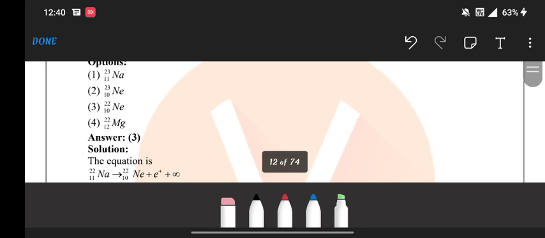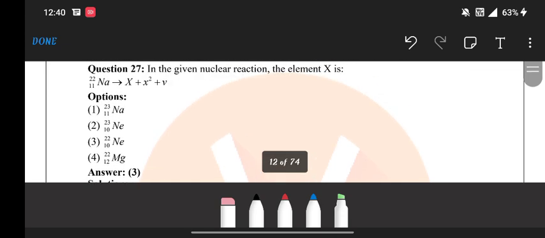Moving on to our next question, question number 27. In the given nuclear reaction, sodium gives X plus positron plus neutrino. What is the element X we have to find? The options are 23 by 11 Na, 23 by 10 neon, 22 by 12 magnesium.